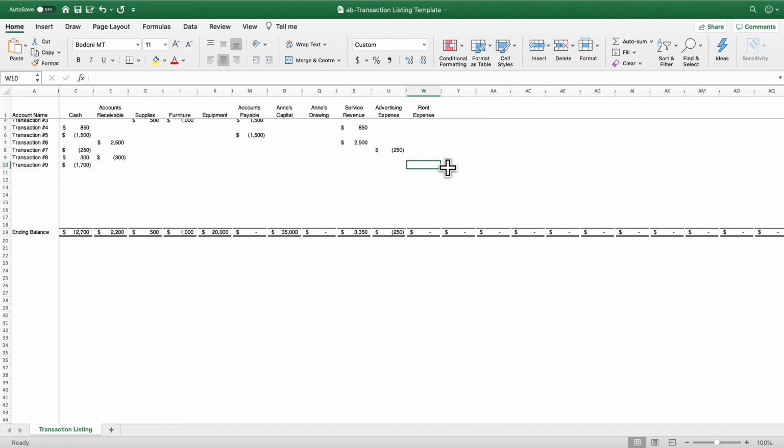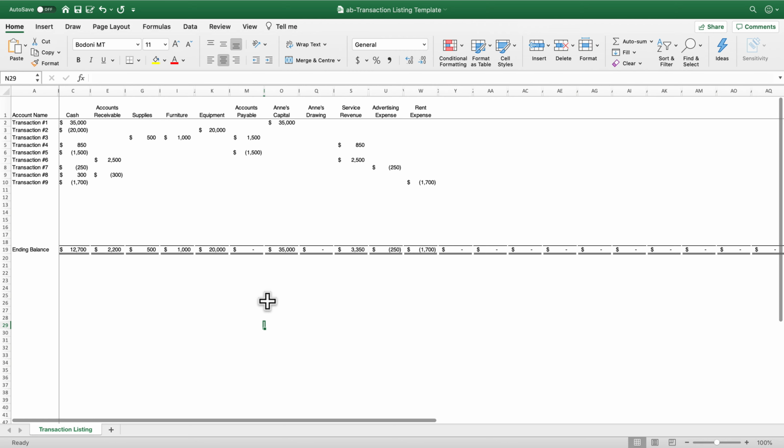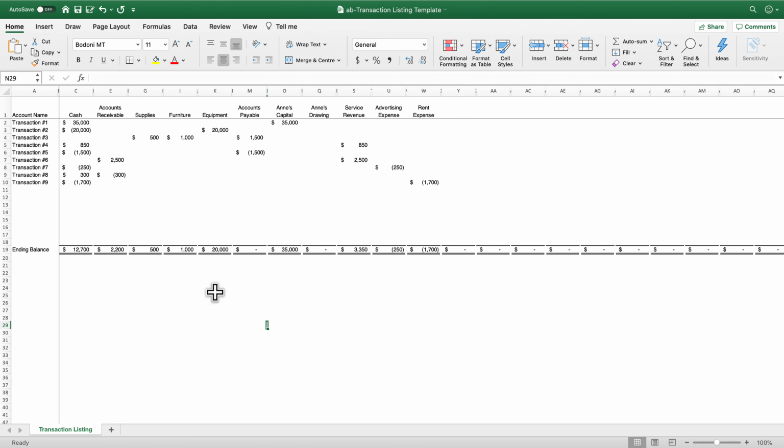So rent expense, $1,700. Alright, so we have transaction 9, which is our rent expense. And that's cash going out, right?